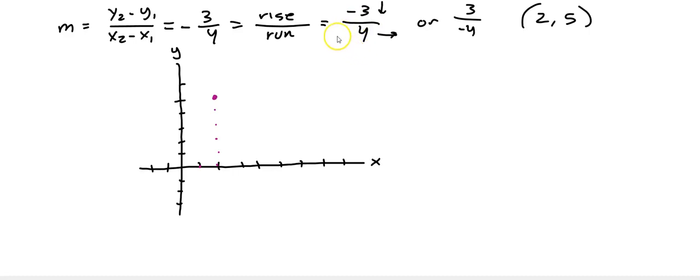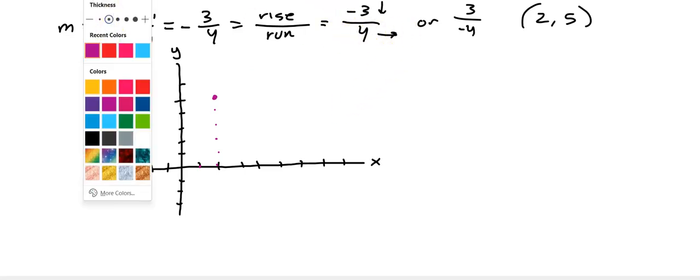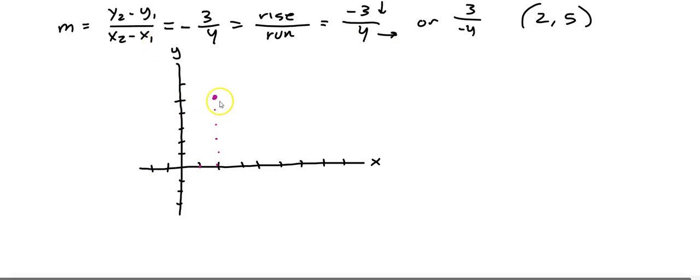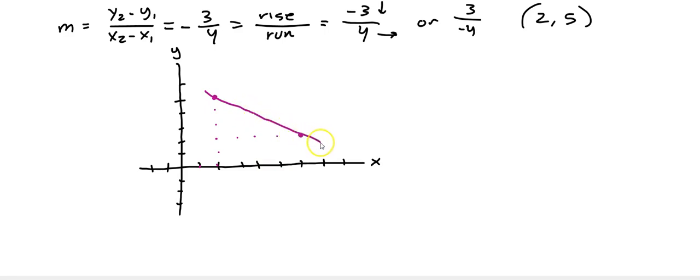We already see the slope, and that is down 3 over 4. So let's go down 3, 1, 2, 3, and then over 4, 1, 2, 3, 4. There's our new point. This is the slope of this line. So if I can draw this, you can see it is a negative slope.